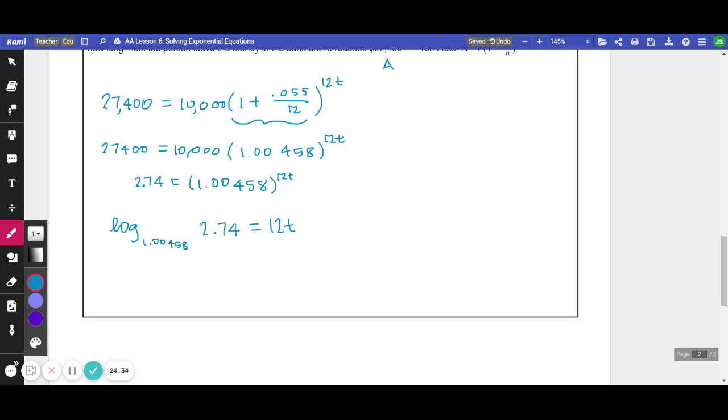So I'm going to evaluate this on my calculator. Log of 2.74 divided by log of that 1 point decimal. Again, you don't want to be using your phone, right? Phones are the worst calculators. Remember I said that?